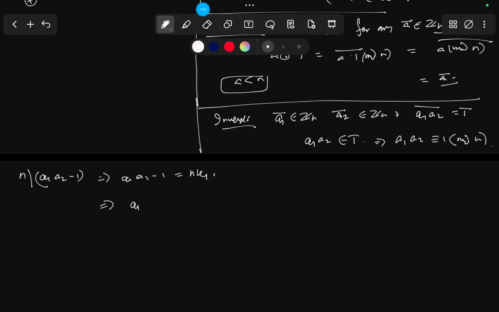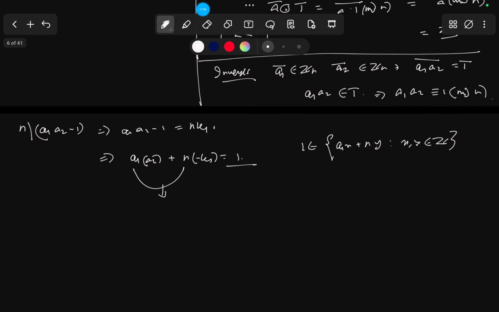which means that a1 times a2 plus n times minus k1 is 1. So 1 should be a linear combination of a1 and n with integer coefficients. That means 1 belongs to a1 x plus n y such that x, y belong to the integers. So a1 and n must be co-prime.